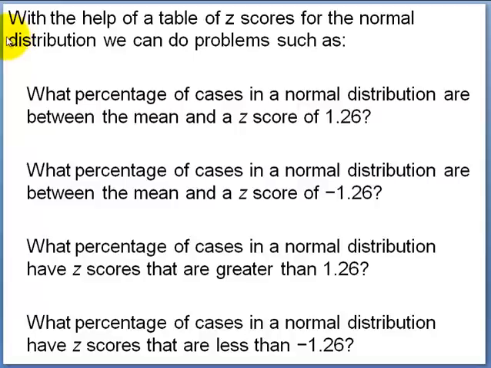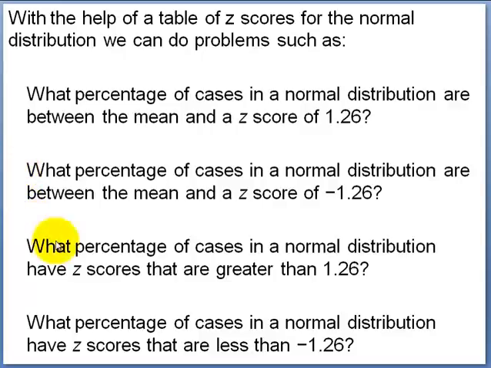So here are 4 questions posed. I'll try to read them quickly, and all pertain to a normal distribution. What percentage of cases are between the mean and a z-score of 1.26? What percentage are between the mean and a z-score of -1.26?